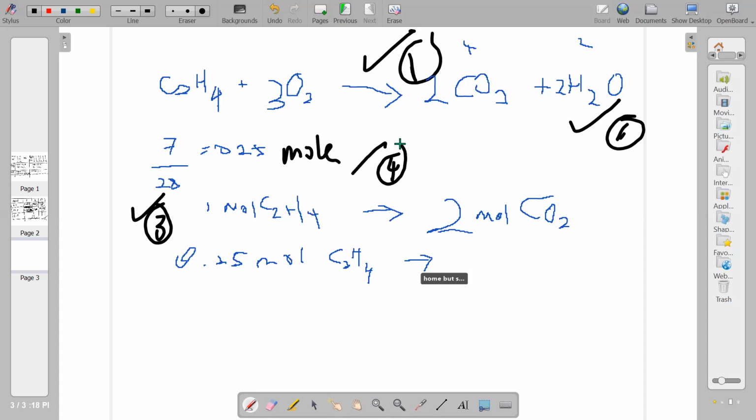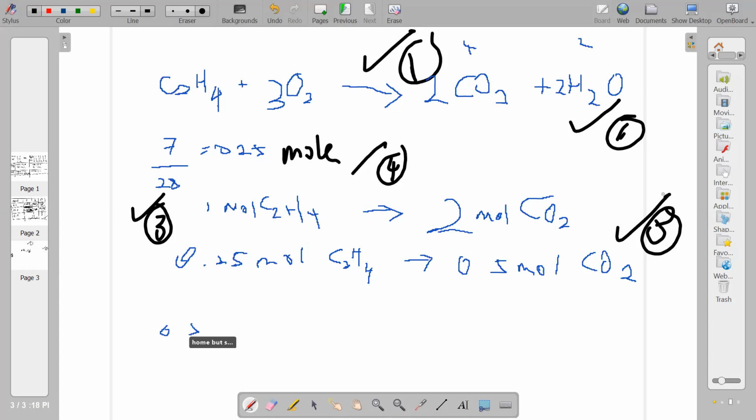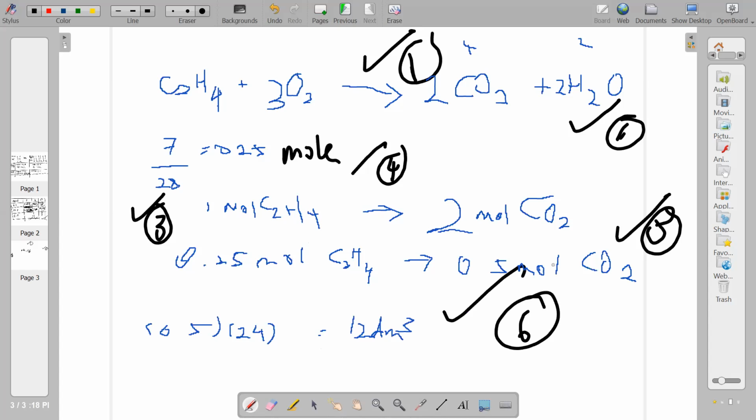So your moles for carbon dioxide is 0.5. Then after that, you just use the formula, which is volume over molar volume, the molar volume being 24. So 0.5 times 24, and you get the volume being 12 decimeter cube. Well done.